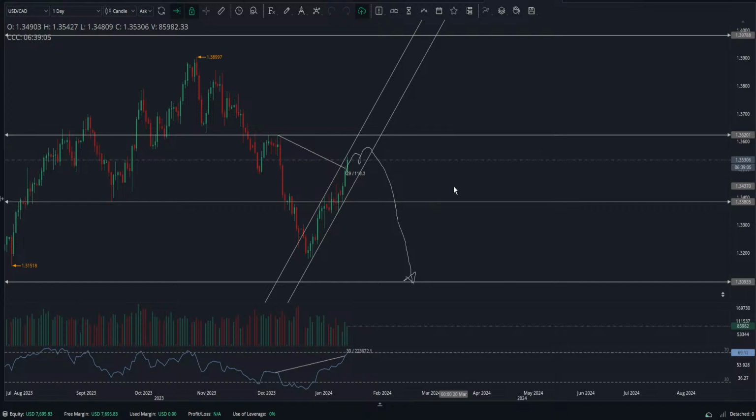And you also notice here that this RSI has made a higher high, whereas the price has failed to make a higher high. So this is called hidden bearish divergence.